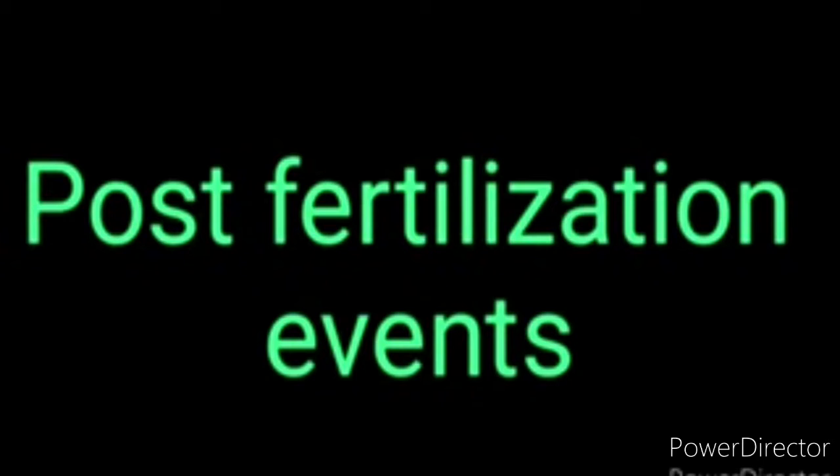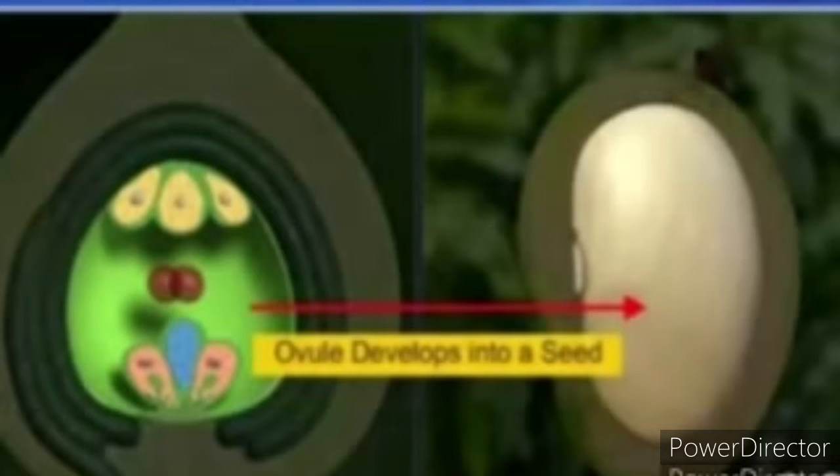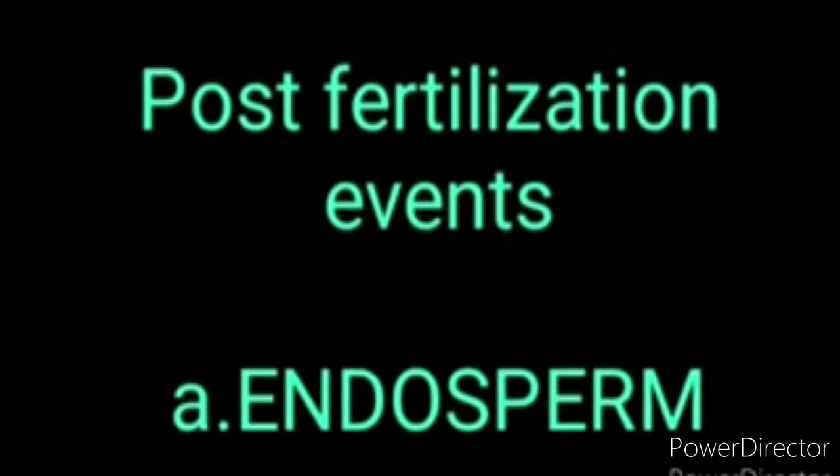Following the double fertilization, events of endosperm and embryo development, maturation of ovules into seeds, and the ovary into fruit, are collectively termed post-fertilization events. Now we'll discuss the endosperm.